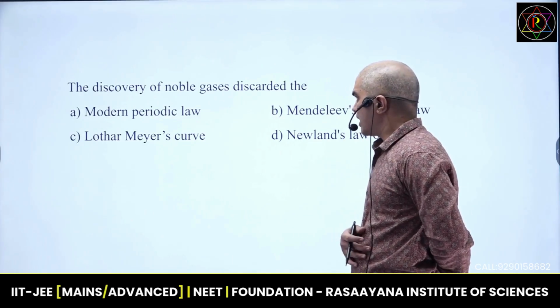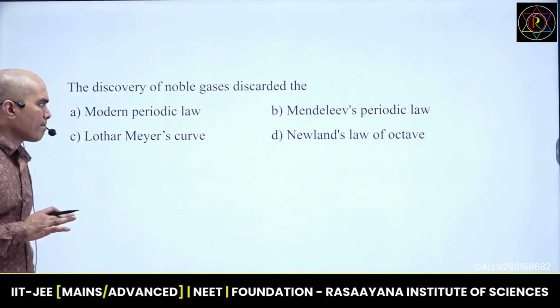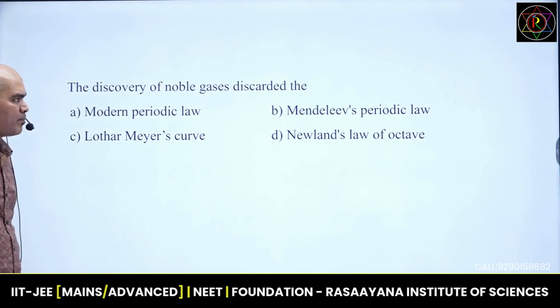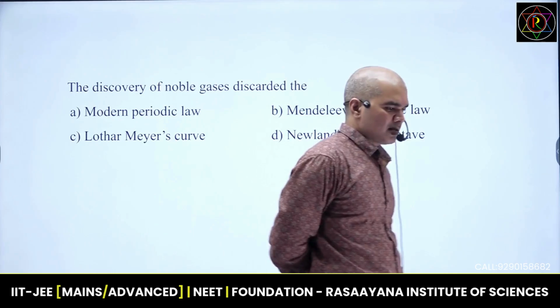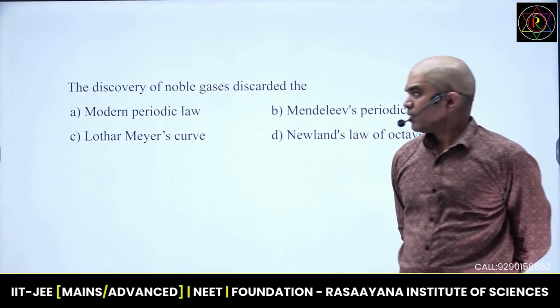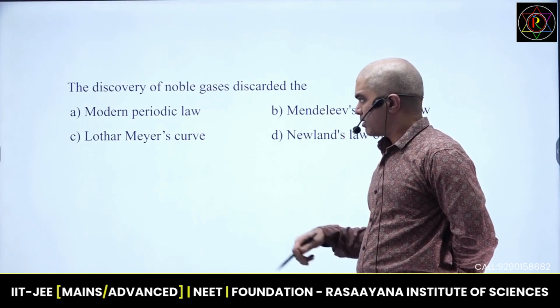The discovery of noble gases discarded what? Modern periodic law, Mendeleev's periodic law? Modern periodic law is Moseley's periodic law: physical and chemical properties are the periodic functions of their atomic numbers. Mendeleev's periodic law says functions of their atomic masses.